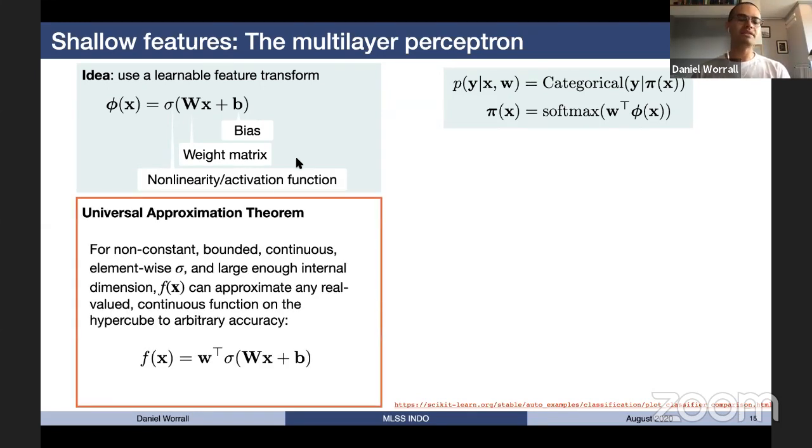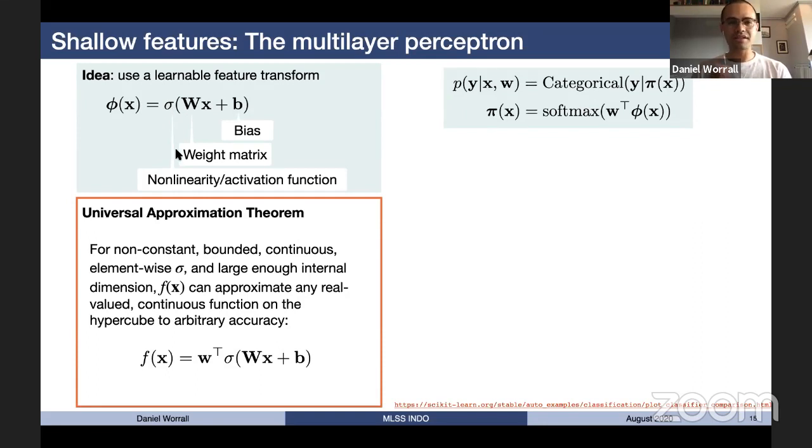And there happens to be a couple of theorems called universal approximation theorems, very complicated things from the 90s, which say that, since this is a multi-dimensional thing, if we have enough dimensions for our phi, then this can approximate any function.